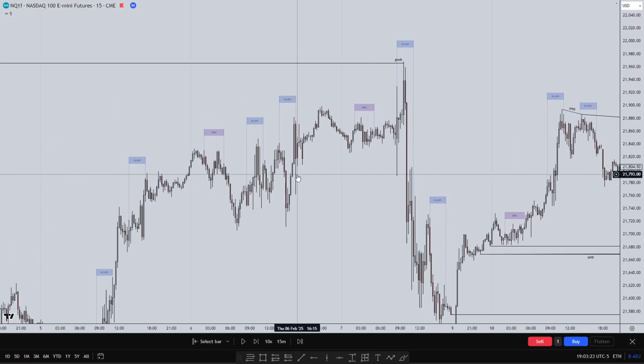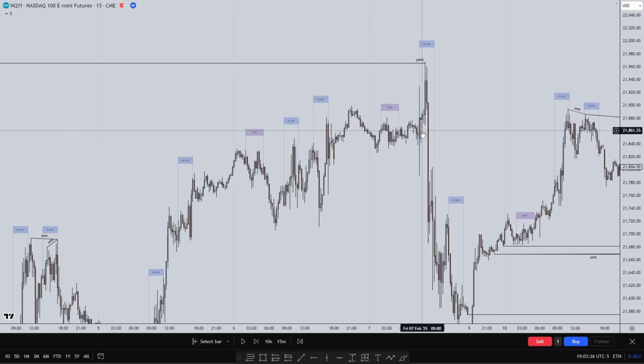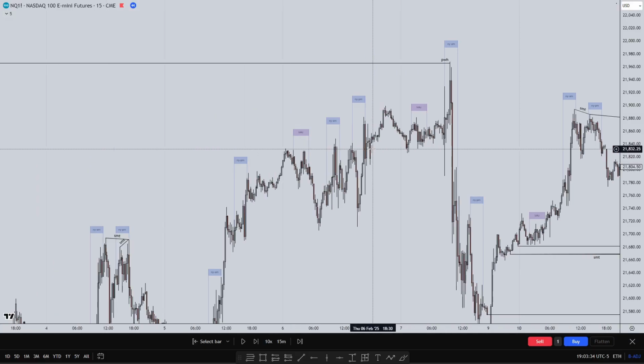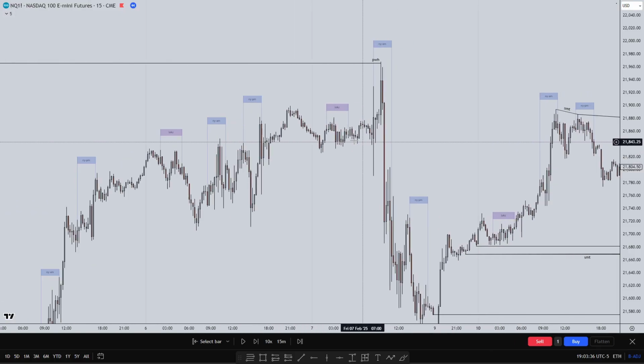Here, this was news, high impact news as well. If I'm not mistaken, I think it was NFP. But right, you accumulated all night. This was your 8:30 news, created news high, news low.